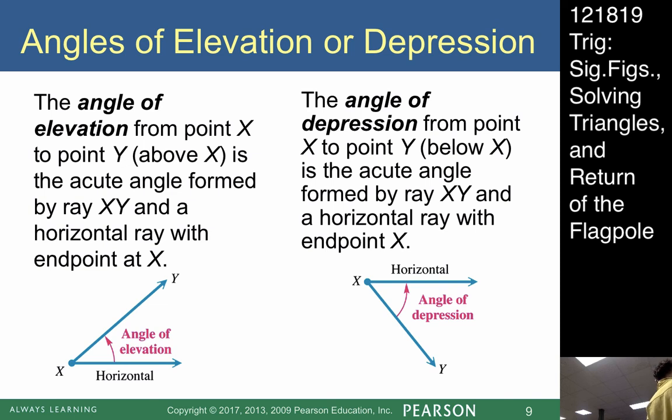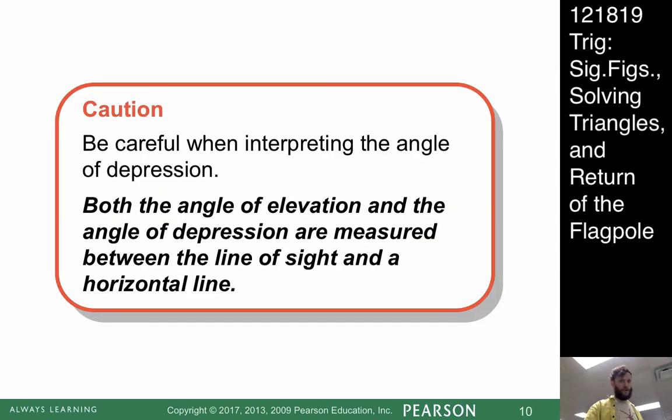How far down are you looking? Always it's in reference to the horizon line, your line of sight. And this would be a negative angle, and this would be a positive angle. Does that make sense?